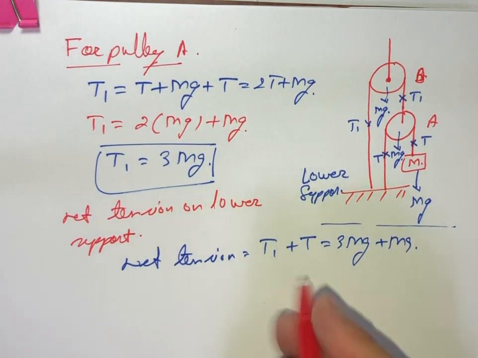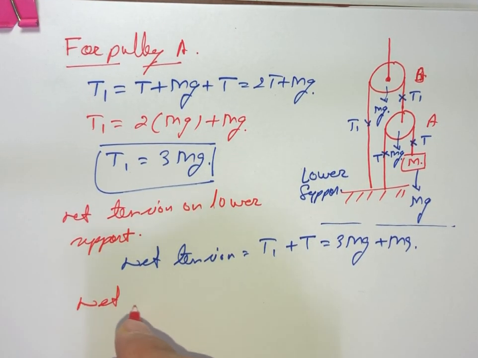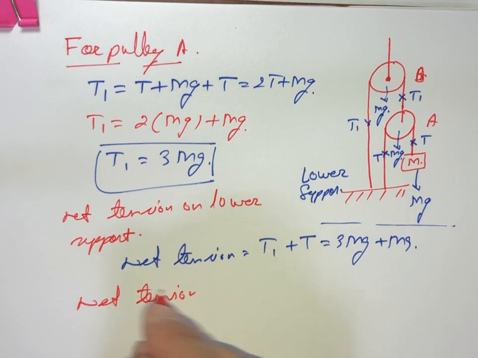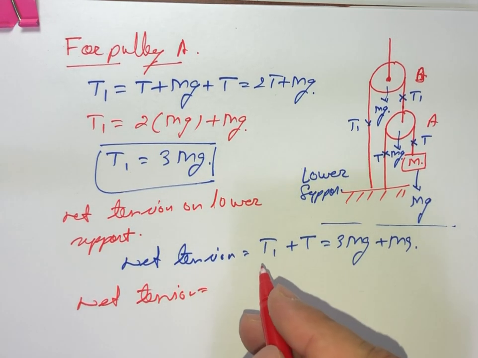So we can say net tension will be equal to 4mg.